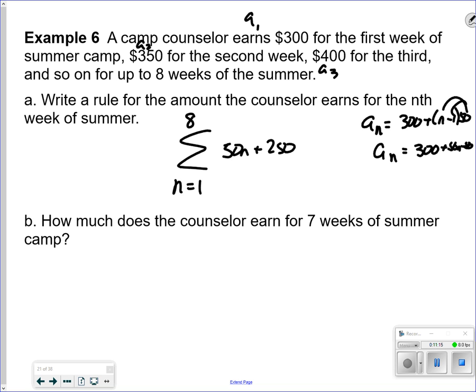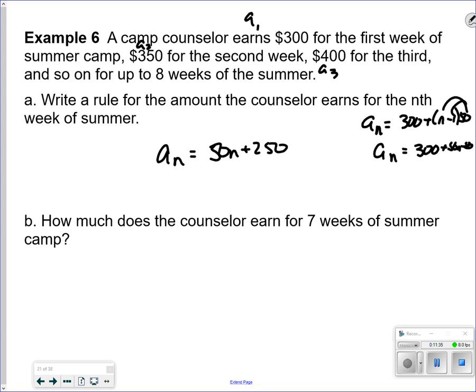So there's your rule. So all they wanted in this one, sorry, is just the rule. So 50n plus 250.